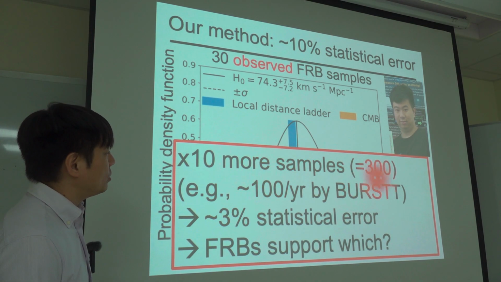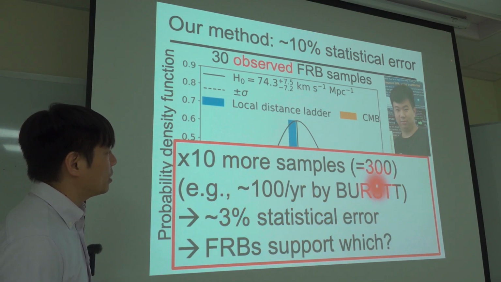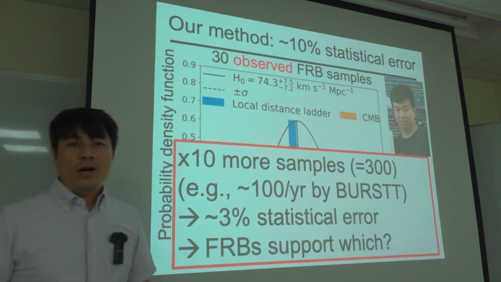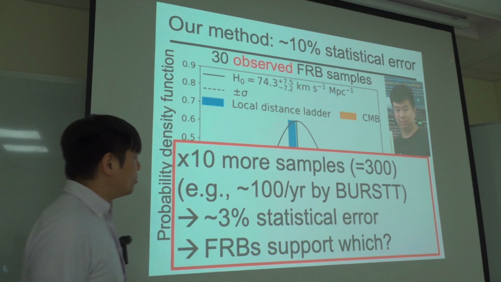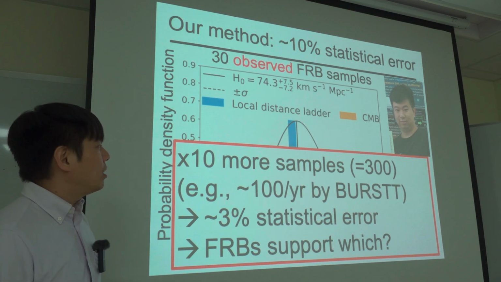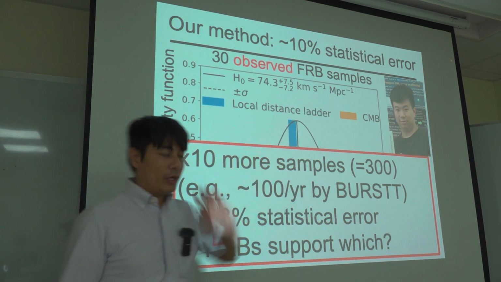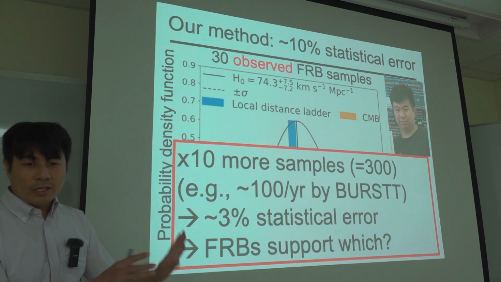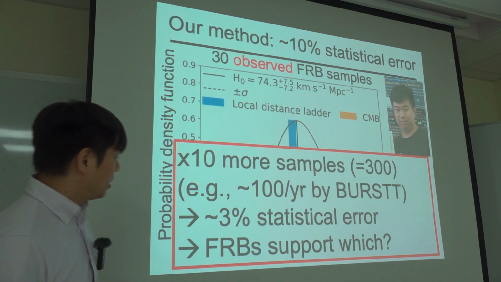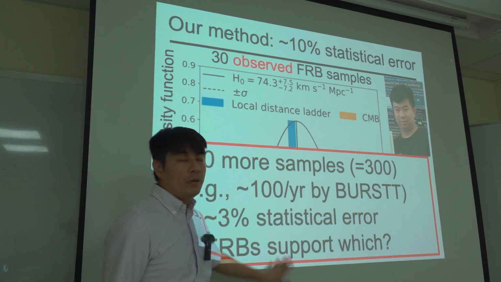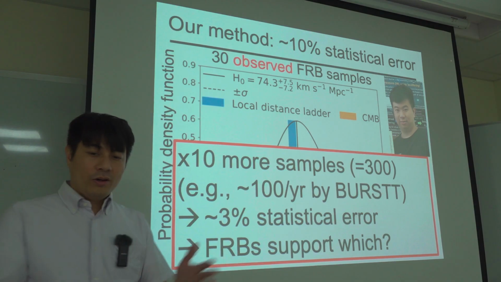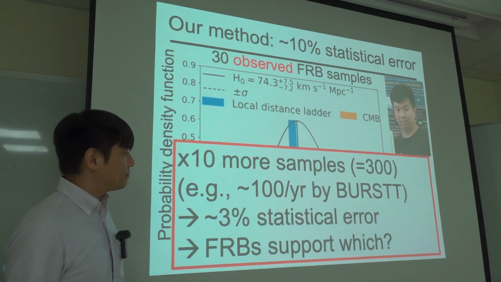If we just continue for 3 years using BURST, then we can achieve 300. That's not so far in the future, actually. Therefore, the 3% statistical error using BURST and also using Johnson's method, free of systematic error, may really come in the near future. So then we will know whether FRB supports CMB or type I supernova in the near future.